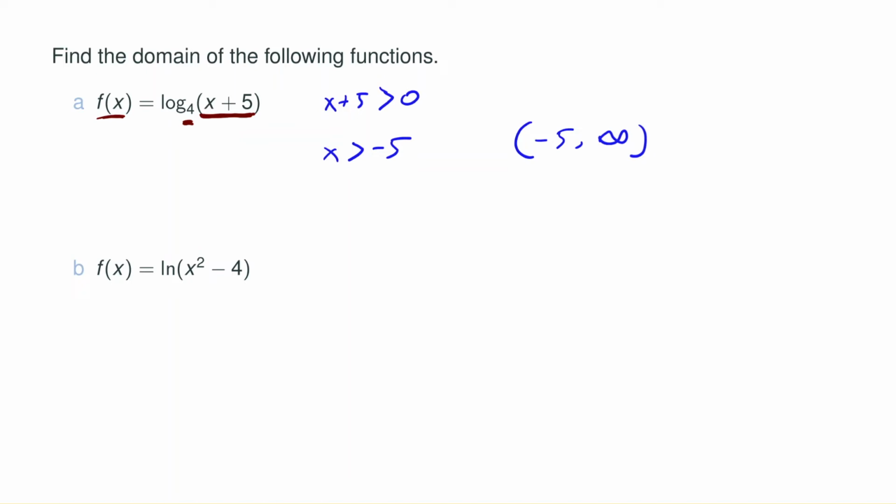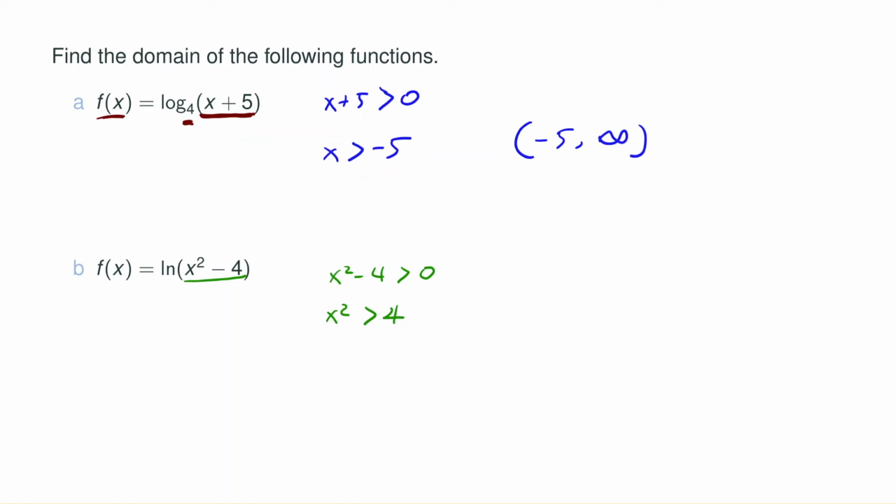Let's look at this one. Natural log of x squared minus 4. Natural log is just a special type of log. The same rule applies here: the inside cannot be 0 nor negative. So x squared minus 4 must be greater than 0, which means x squared must be greater than 4.